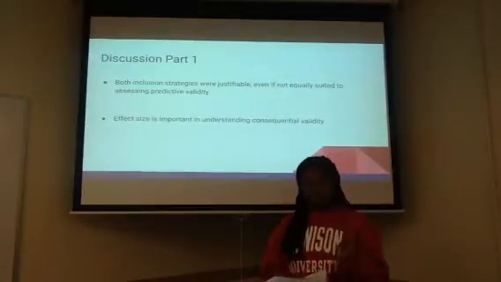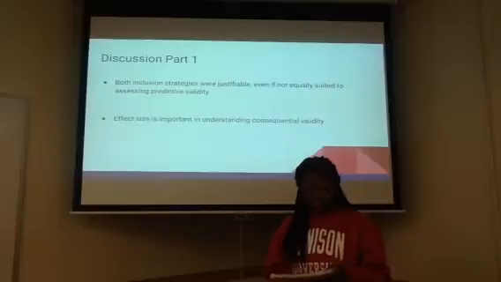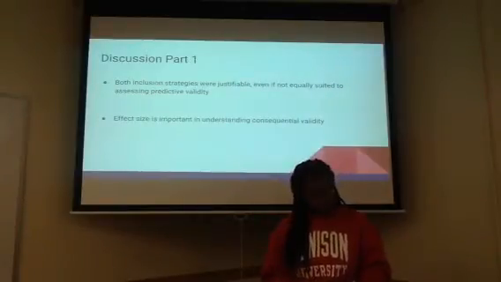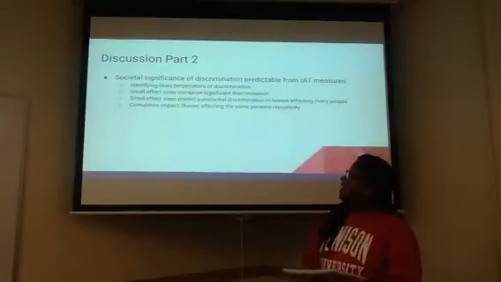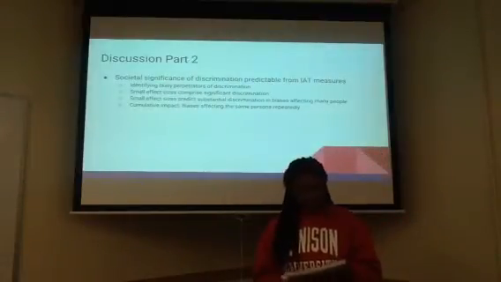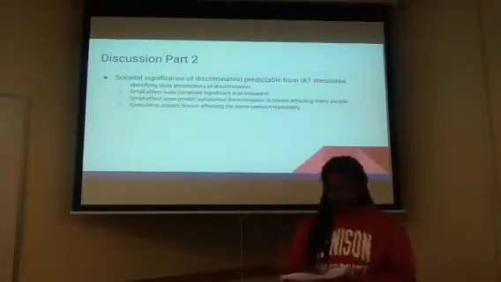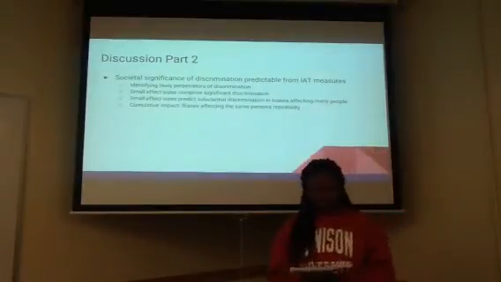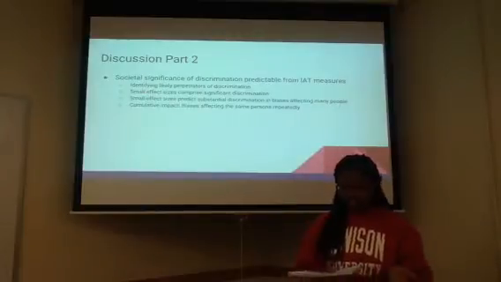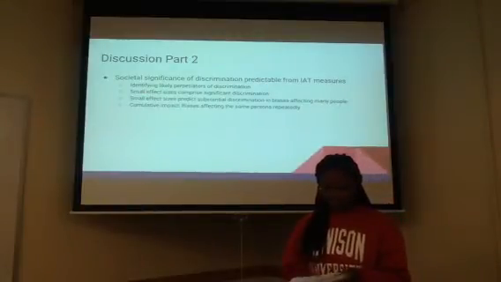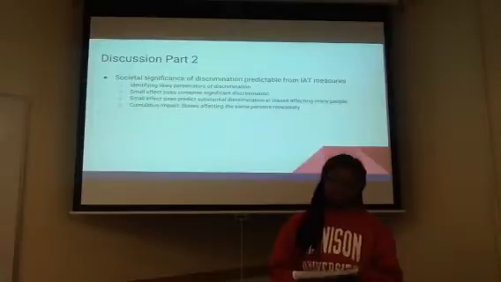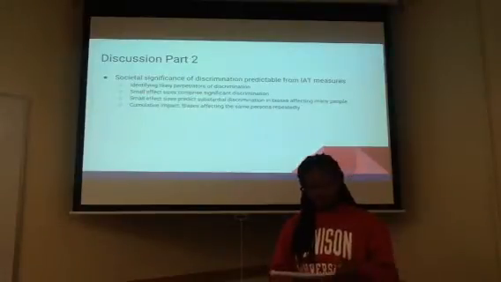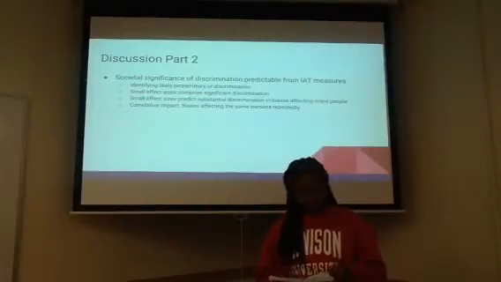And the analysis of the two studies showed that conventionally small effect sizes have substantial societal significance. And with that substantial societal significance, the societal significance of discrimination was predictable from the IAT measures. And the IAT measures can be used to predict discrimination in personnel decisions, criminal justice decisions, law enforcement decisions, educational and healthcare decisions.